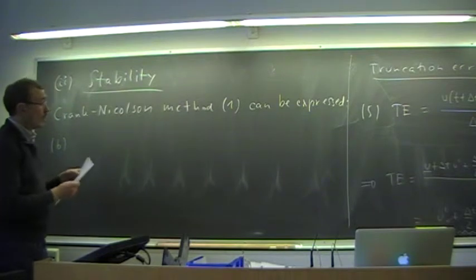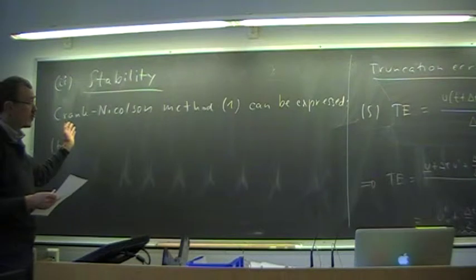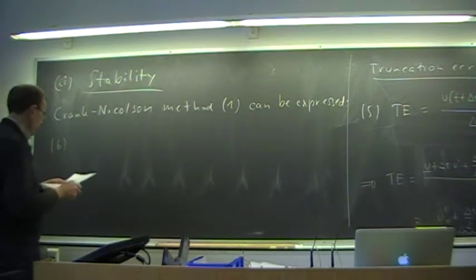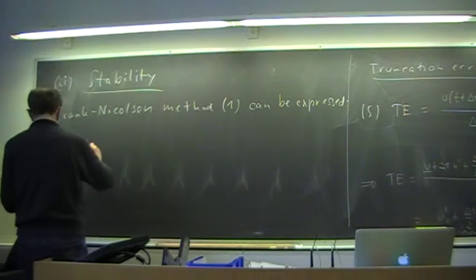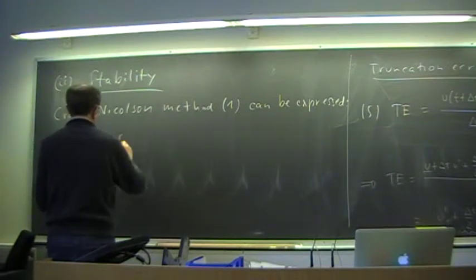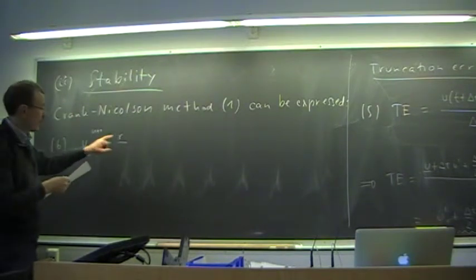So we bring now everything that is on the new time level to the left-hand side of the equation and anything else on the right. We have multiplied by delta t, and then we get the following: u j n plus 1 minus, and when we multiply by delta t, we get alpha delta t divided by delta x squared, that is the r.